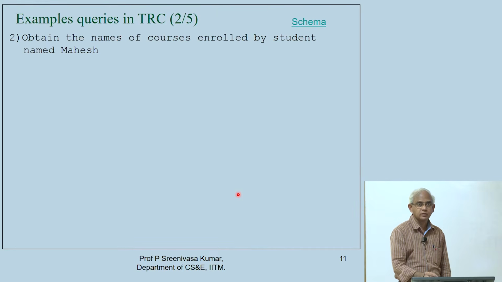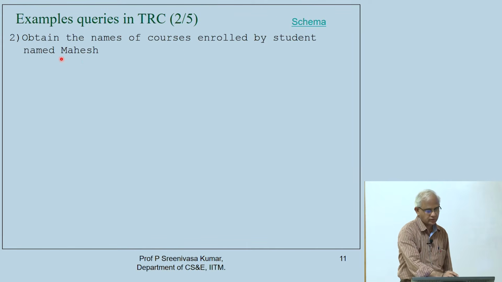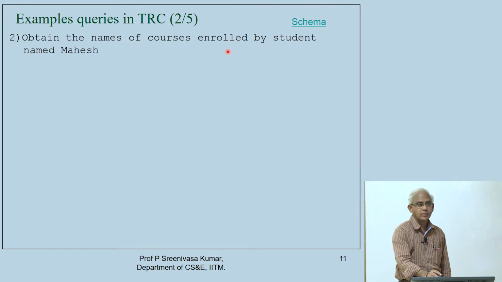Again, what should be the free variable? Course should be a free variable, and now the condition to be imposed is on the enrollment information. How many tuple variables do we need? Two will do.